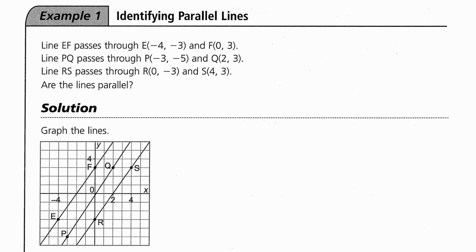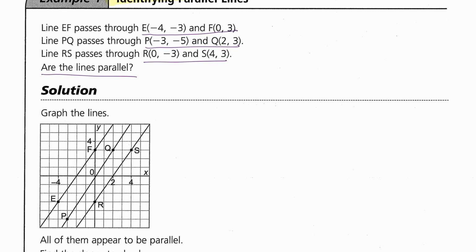Now we are looking at example number 1, identifying parallel lines. You have three pairs of coordinates, E and F, P and Q, R and S. Our question is, are the lines parallel? Our first step is to verify this graphically. You have to graph the lines, plotting the respective coordinates.